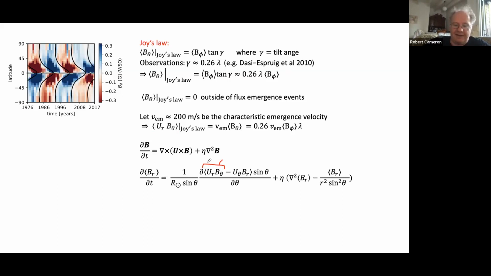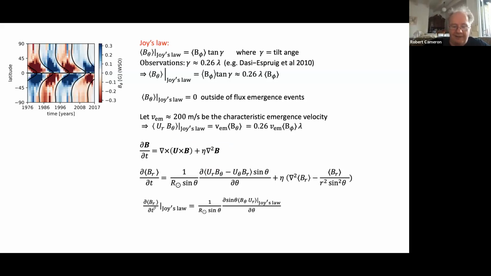This is the contribution here coming from flux emergence. This other term is a diffusive term. This is coming from the random walk of supergranulation, and this one is coming from the meridional flow. But this term is coming from flux emergence. And what we see here is we have a way of evaluating it.